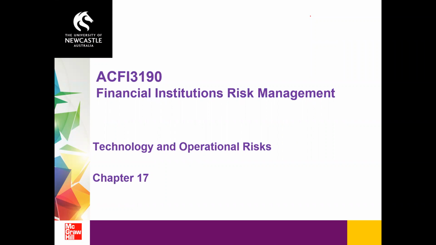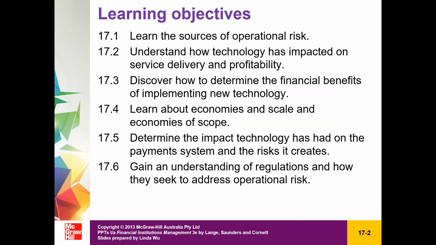In this week, our topic is technology and operational risk, and we're covering chapter 17 this week. As usual, we have a few learning objectives. We will mostly talk about operational risk, sources of operational risk, how operational risk affects revenues, costs, profitability, and services production for financial institutions.